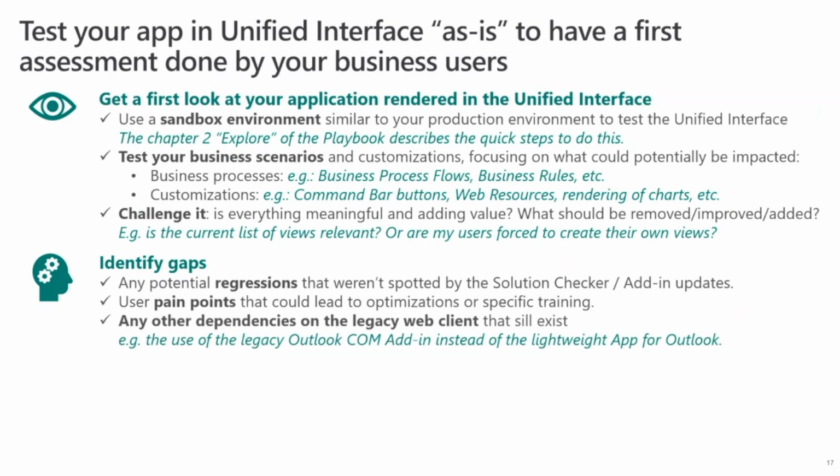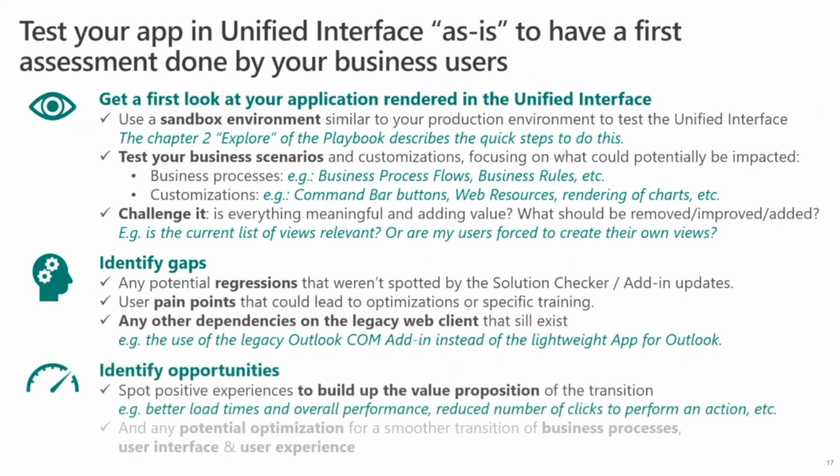For example, if you're using the old Outlook.com add-in instead of the Lightweb app for Outlook, now is a good time to consider moving away from this and to the new Dynamics 365 app for Outlook, which is already leveraging the unified interface. And so it's a good time to identify opportunities.